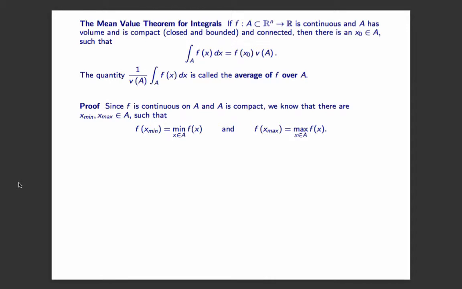So let's prove the statement. Since f is continuous on A and A is compact, we know that f achieves a minimum and a maximum.